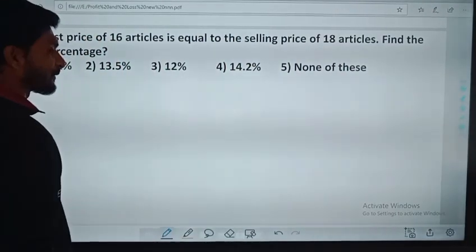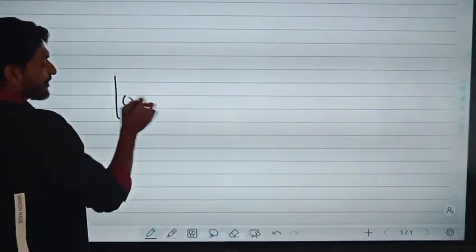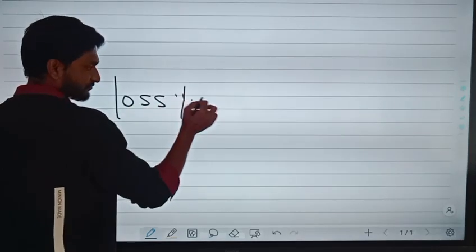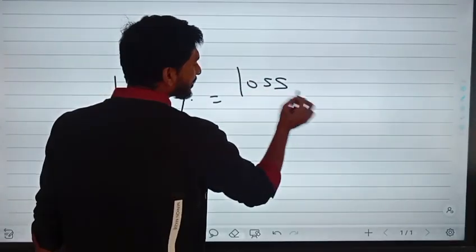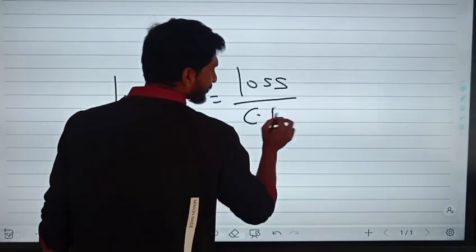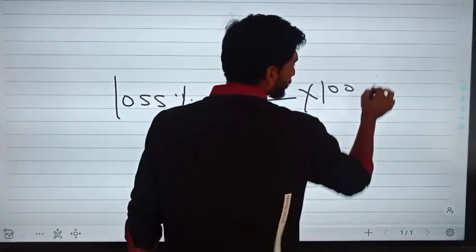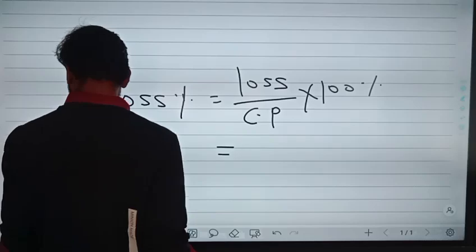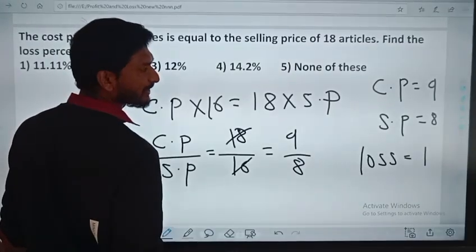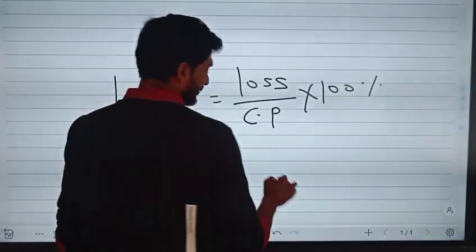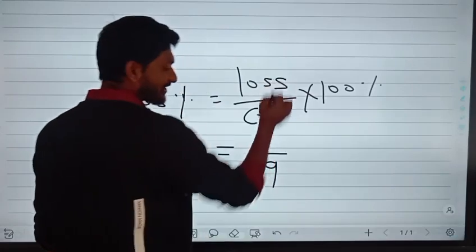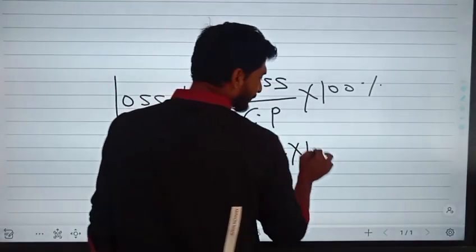Then we find the loss percent. Loss percent is equal to loss upon CP, that is cost price, into 100%. Now here your loss is 1 rupee and your cost price is 9. That is 1 upon 9 into 100%.